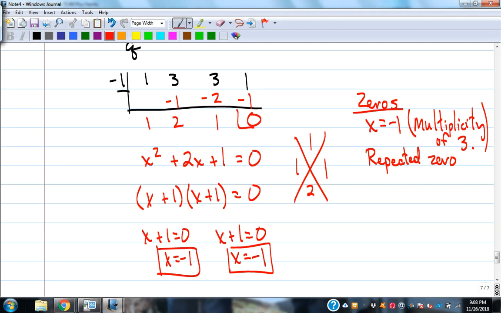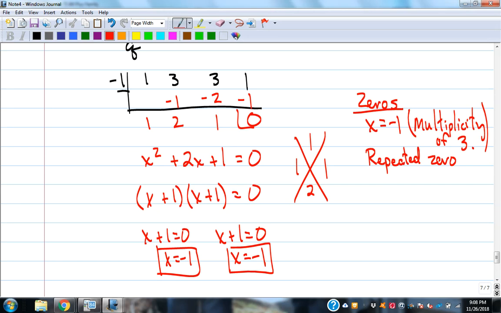How many times it counts, it's a multiplicity of that number. How many times did we find negative 1 worked? 3 times. So it has a multiplicity of 3. If something worked twice, it has a multiplicity of 2. Something worked 8 times, it's a multiplicity of 8. That sort of idea. How many times you find that number as a 0 to the polynomial, it has a multiplicity of that. Okay.